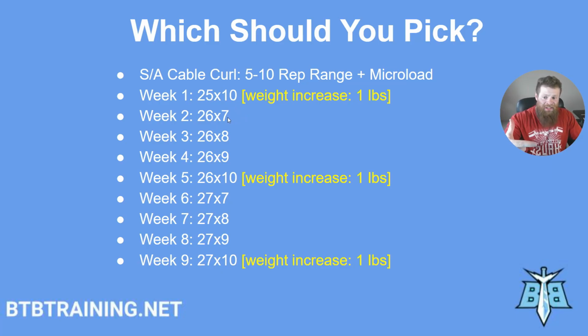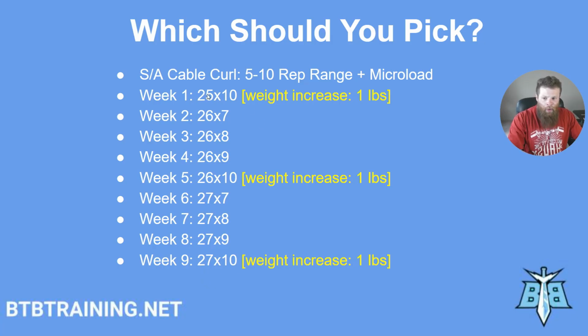And then in this instance, I would ladder up the 26-pound weight week after week from 7 to 8 to 9 to 10. I'm eventually going to hit the 26 pounds for 10 reps, and then once again increase by 1 pound, going from 26 to 27, which then shows the drop off, which I then ladder back up into 27 for 10.